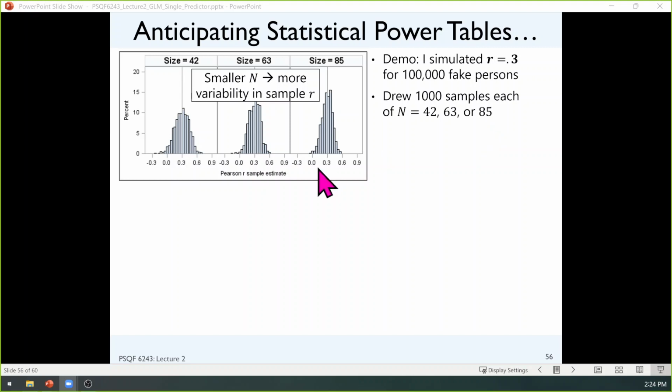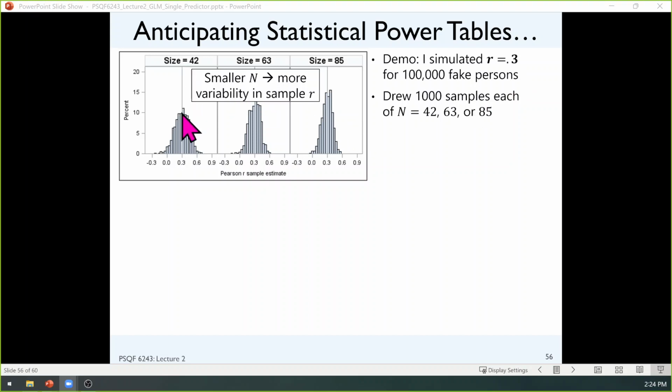So these histograms are sampling distributions for that correlation, meaning each point is what the R actually turned out to be in that sample of 42 or 63 or 85. This is showing the inconsistency in the results that I get back when I only have 42 people relative to what I should have found.